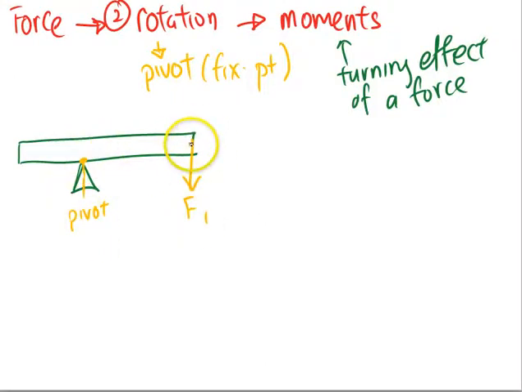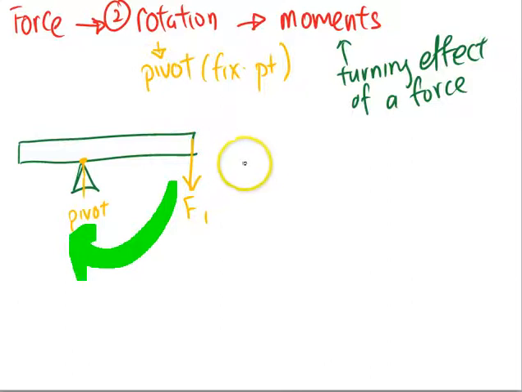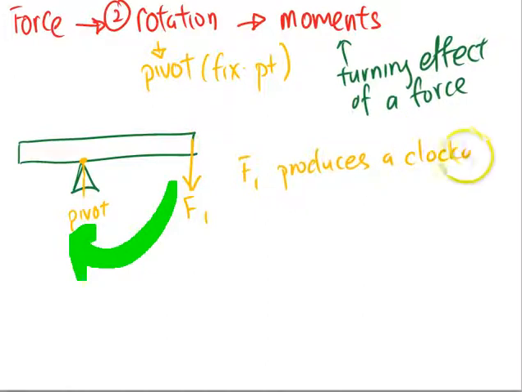When you exert a force at this end, this is a fixed point, right? So what happens to my beam? My beam will rotate in a clockwise manner. So we say that F1 produces a clockwise moment.